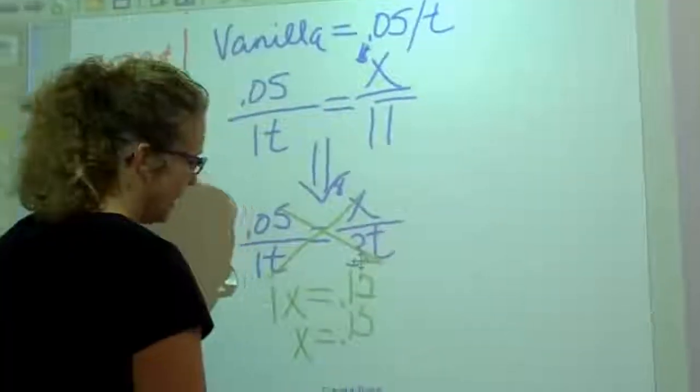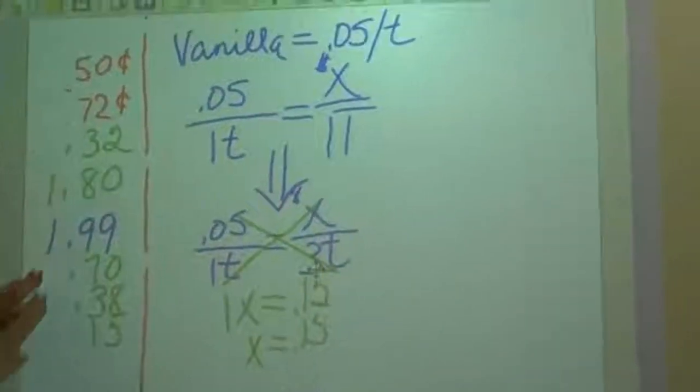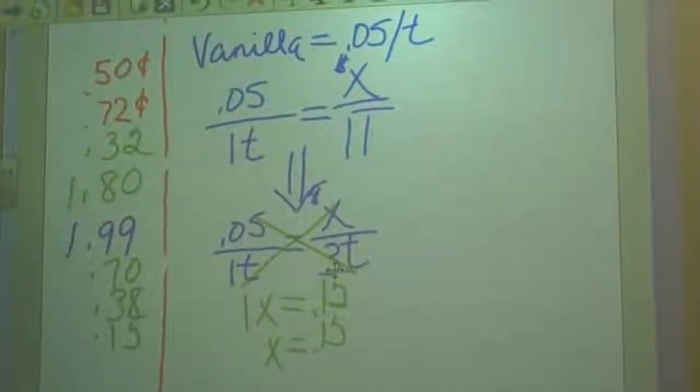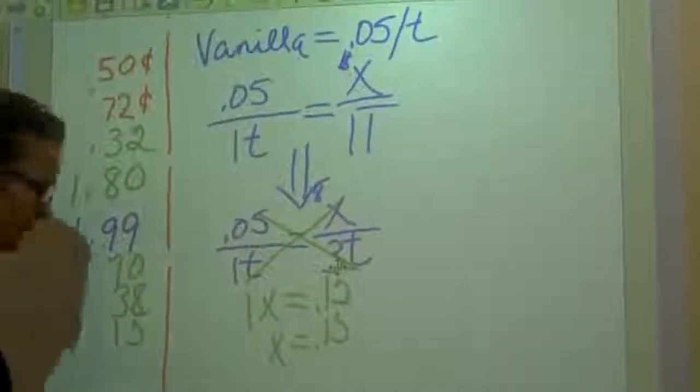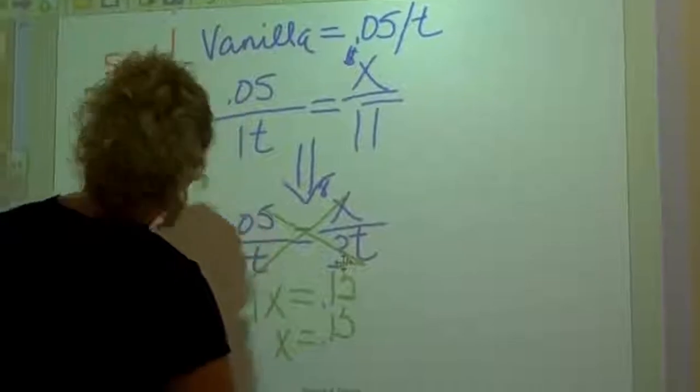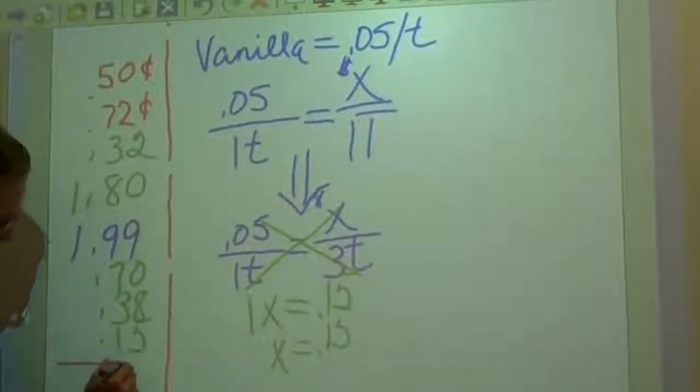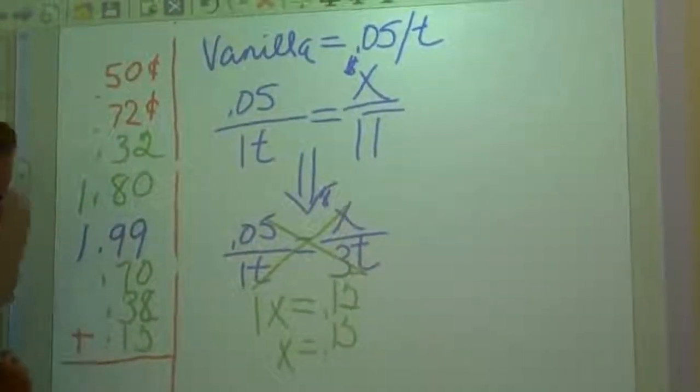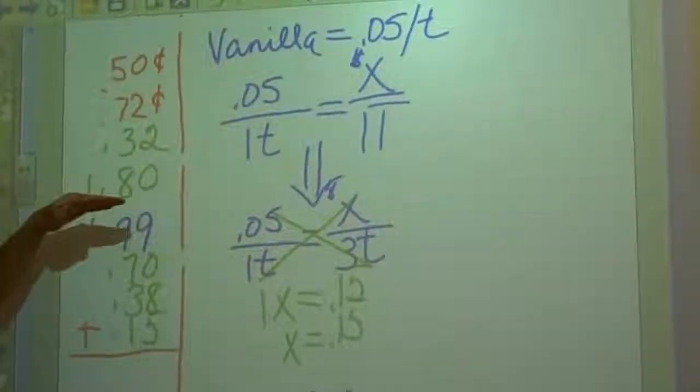All right, now these are all of our ingredient prices. So to get the recipe cost, we're going to add all these up. And that'll be how much every ingredient cost.